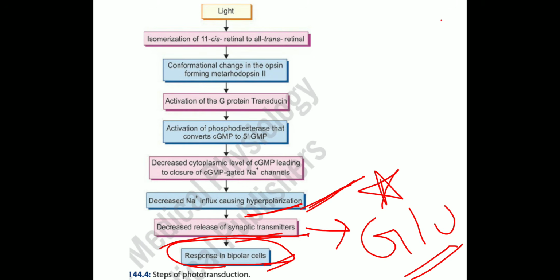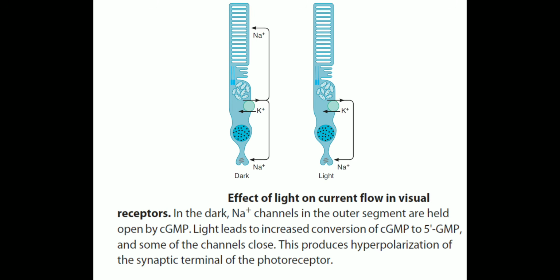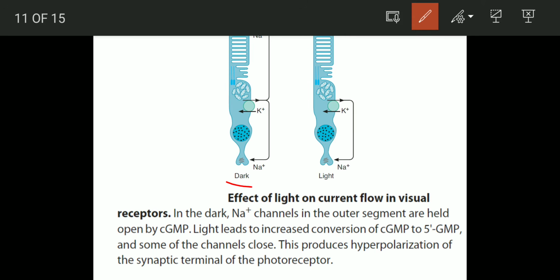Here is another diagram, which I have taken from Ganong. Ganong also explains the same thing. It shows the effect of light on the current flow in the visual receptors. This is the dark state and this is the light state.